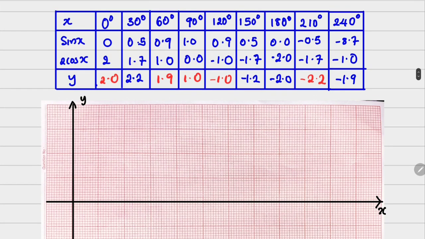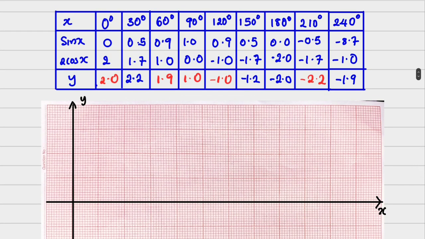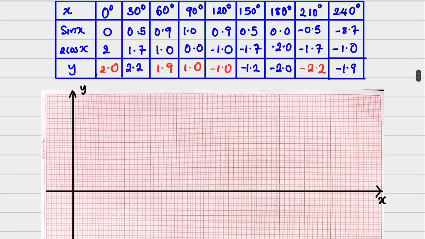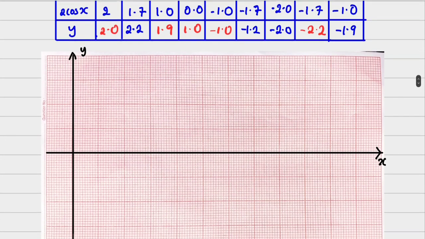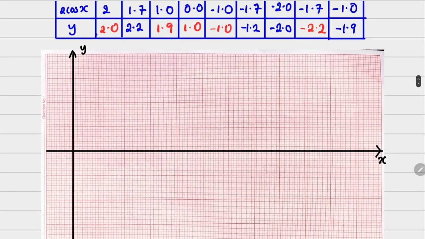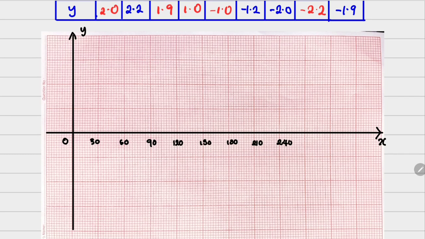Now I'll check it out. I know I have for the x values from 0 to 240 and it's intervals of 30 degrees. So this of course is 0. So this is 30. This is 60. This is 90. And on the y-axis, this is 1 and this is 2, 3. Then I have minus 1, minus 2, and minus 3.